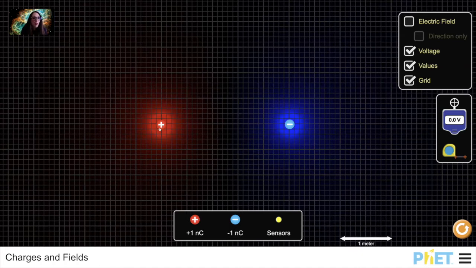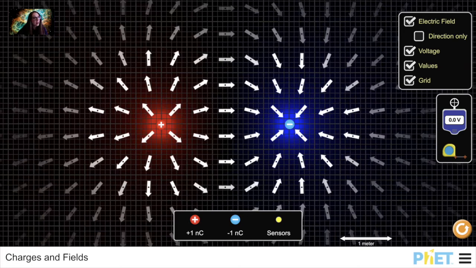Here I have a positive charge of 1 nanocoulomb, a negative charge of 1 nanocoulomb, and I can put up the electric field lines. We see that the electric field is leaving from the positive charge, going toward the negative charge.